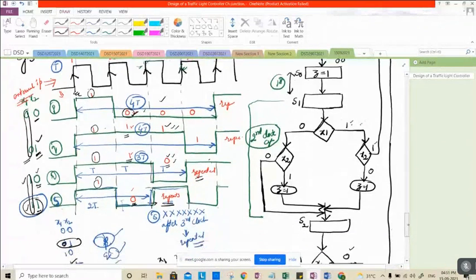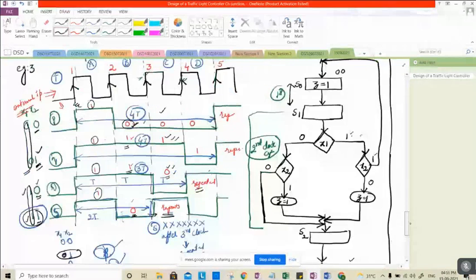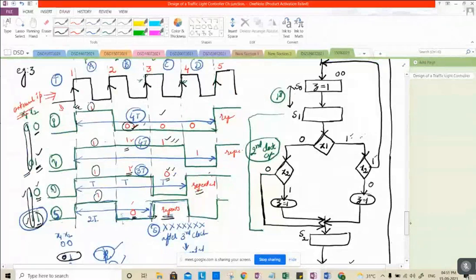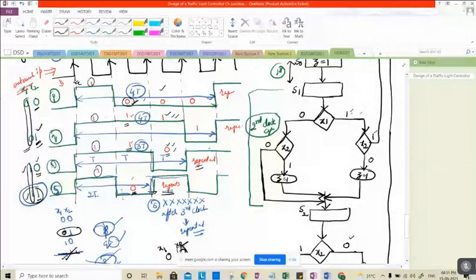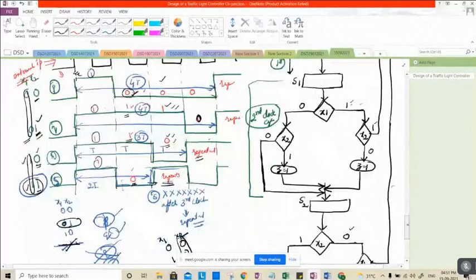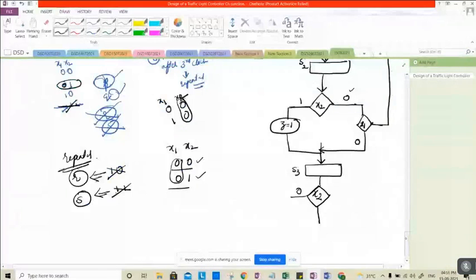If x2 is equal to 1, what is the output? 0. So this is not 1, it's 0, right? So if x2 is equal to 0, output is 0. If x2 is equal to 1, output is also 0. So do I need to write down the value of x2? No, sir. Directly output. Do we need to write down the x2? x2 is not required, right? It is not required.